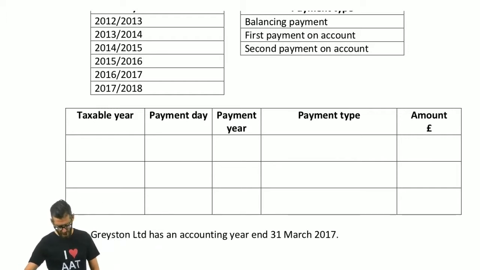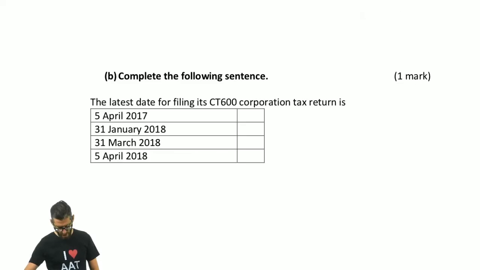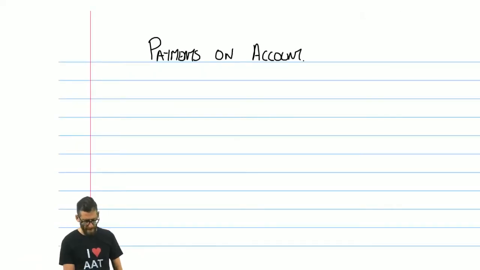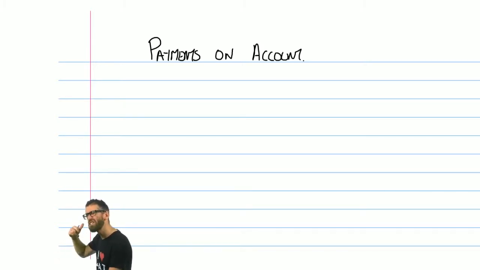Let's refresh you, shall we, of the rules. And the rules for payments on account is that we essentially pay before we have finalised our tax that is due. But how do we know how much to pay? Well, we are allowed to base this on the previous year.